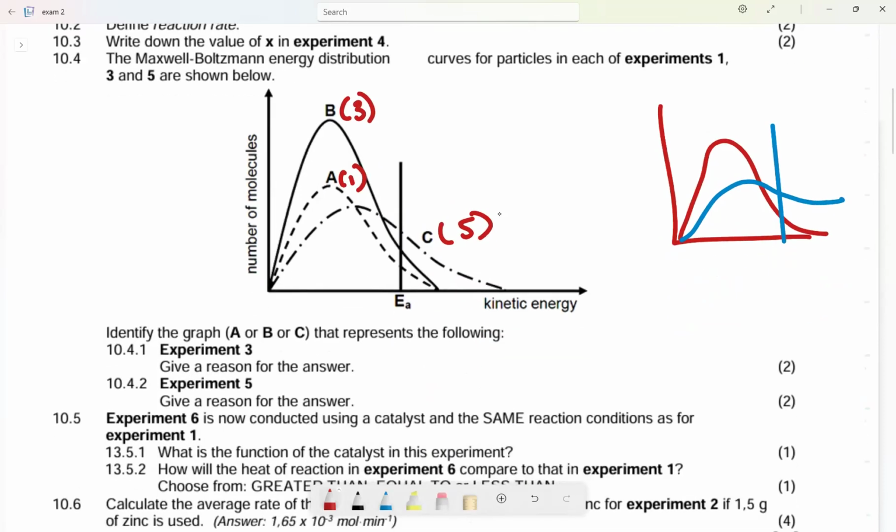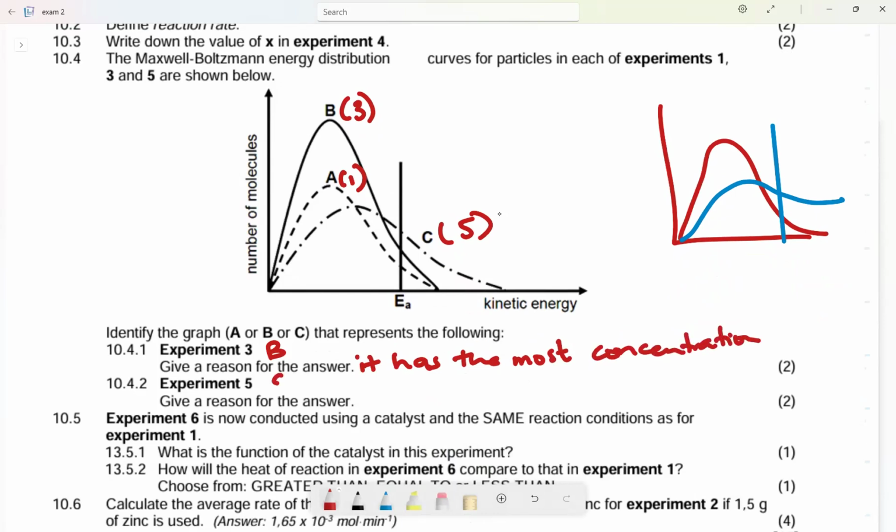Identify the graph A, B, C that represent the following. Experiment 3, we are saying it is B. Why? It has the highest or the most concentration. Okay.